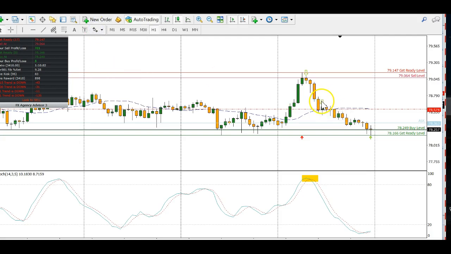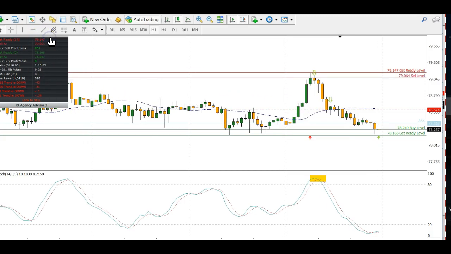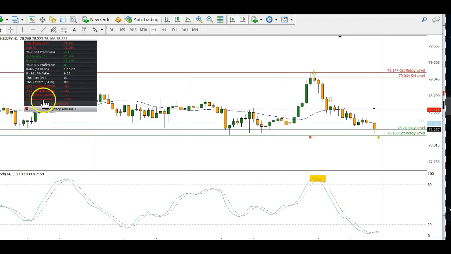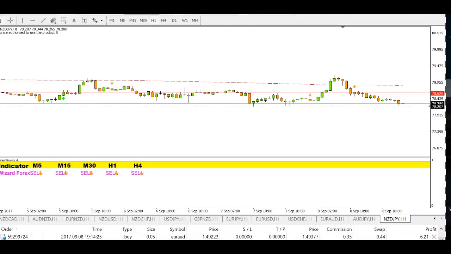which is fine. At least I know there are 2 indicators essentially telling us the same thing, that the market's in a downtrend. If you look at the panel, all the time frames are showing bearish sentiment. So if I switch over to the wizard indicator, everything is pointing down as well.